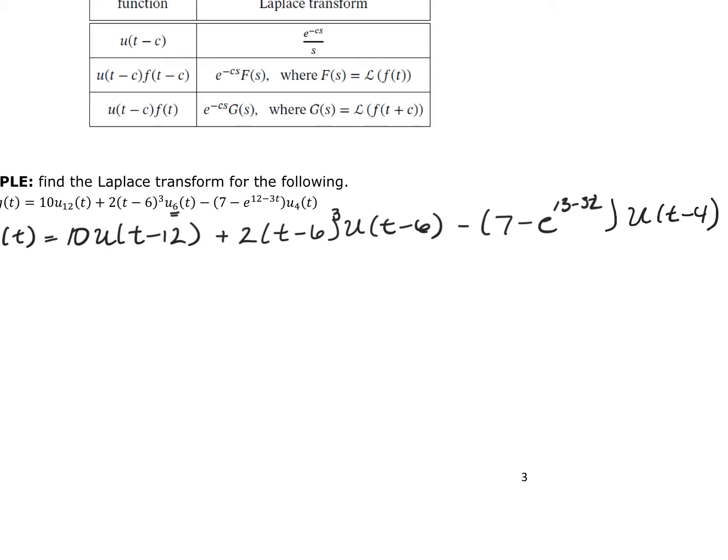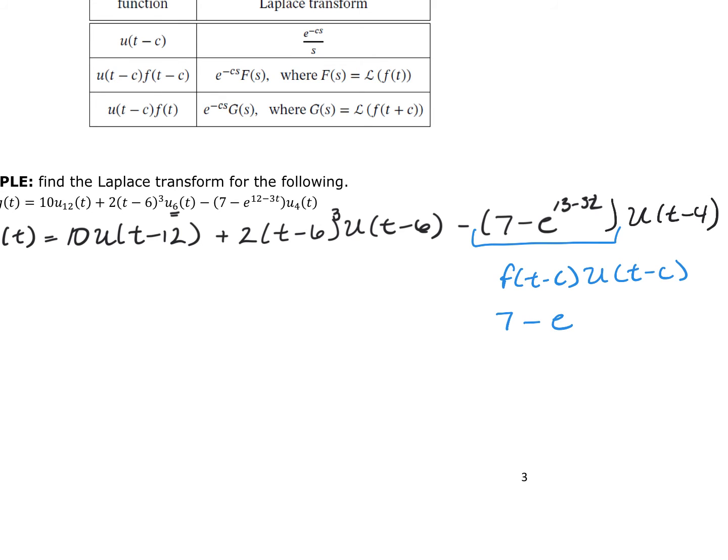One other thing to note is that this has to match up. The f of t minus c, and I put 3, t minus c must match up with the u of t minus c. This doesn't quite match that up. So what I'm going to do is rewrite this as 7 minus e.